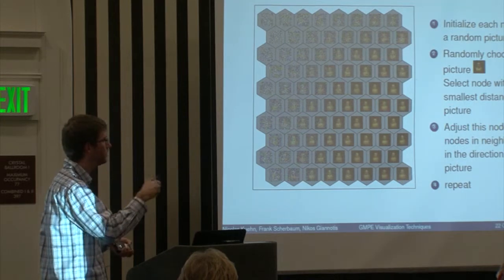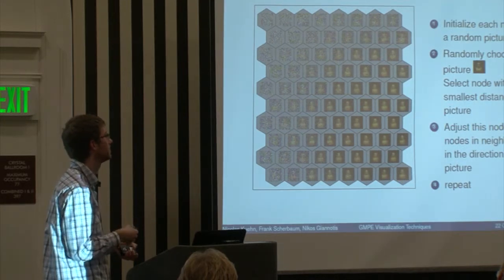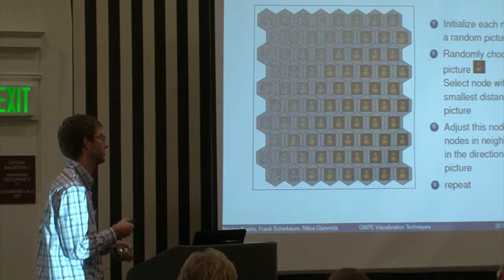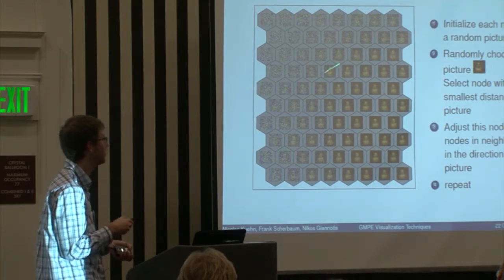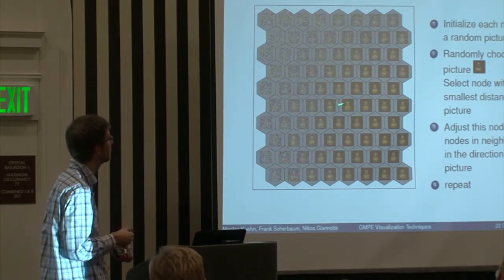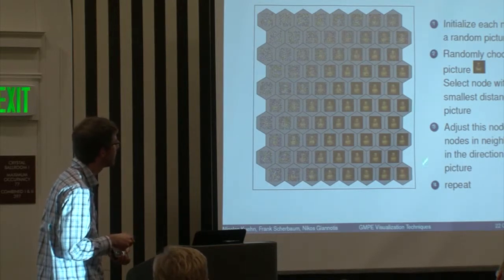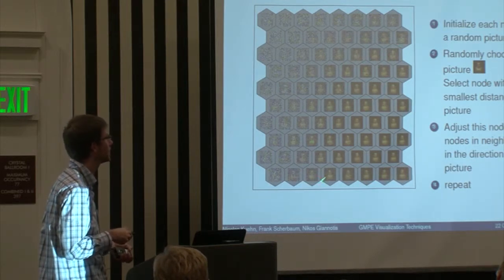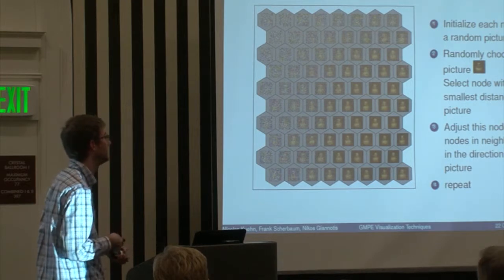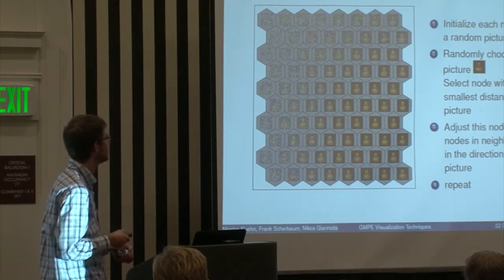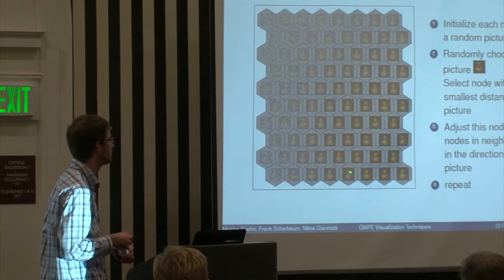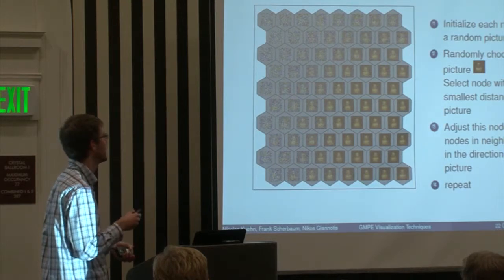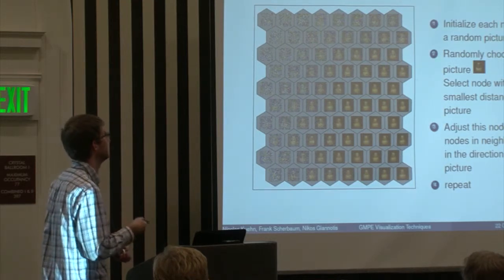And then we repeat and repeat and repeat until this thing converges. This is how it looks in an intermediate step. Some parts look already quite close to the rubber ducks, whereas some parts are still very, very random.